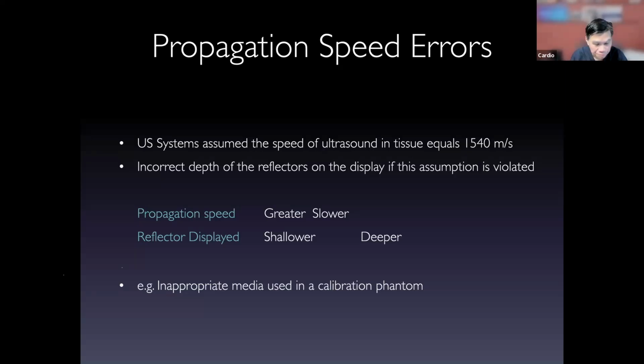I keep repeating because that's the number you have to remember, especially when you're planning to take your exams. The depth of the reflector on the display will be incorrect if this assumption is violated. So, for example, if the calibration is incorrect, that could be a problem.